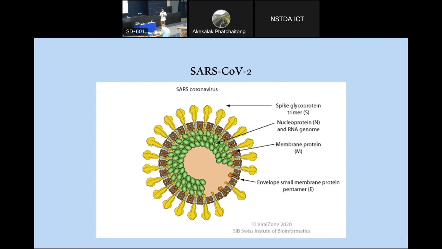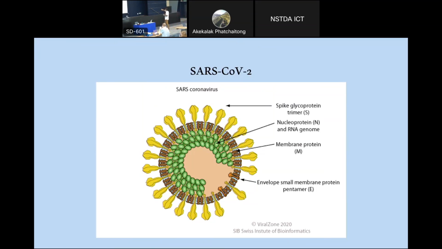So whatever disease or protein you are working with, it's good to have a clear idea which protein you are going to target and why you are targeting it, because just targeting any protein to create a drug may not work, in the sense that you want to target the protein before it enters the human cell, or you want to target it after it enters the human cell, and so on. All those things we have to take into consideration.